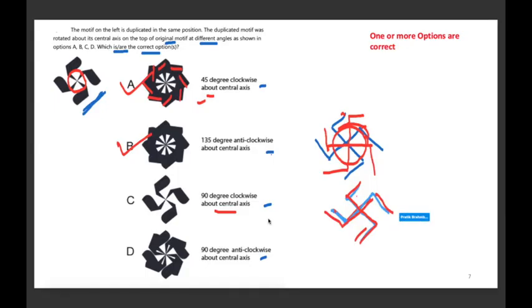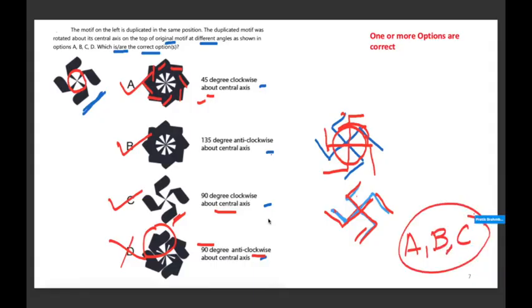So it actually remains as it is. There's no change at all. So C is correct. In D, it says 90-degree anti-clockwise. Now even if it is rotating 90-degree anti-clockwise, it has to remain as it is. So this part is wrong. So A, B and C, all three are correct here.